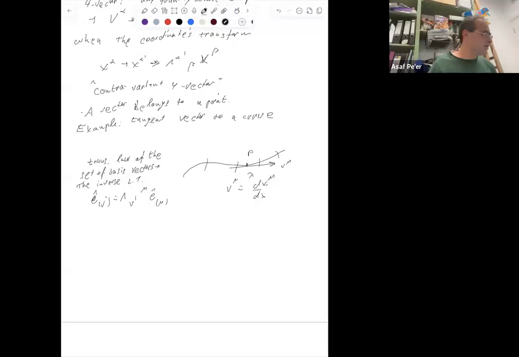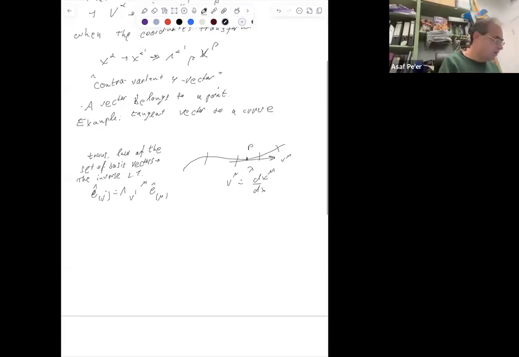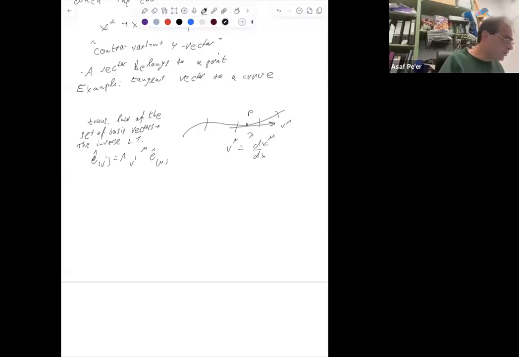They have several names. They belong to a different space, the cotangent space, which is denoted by Tp star, and they are denoted with a lower index. So elements of the cotangent space Tp star are called covectors.